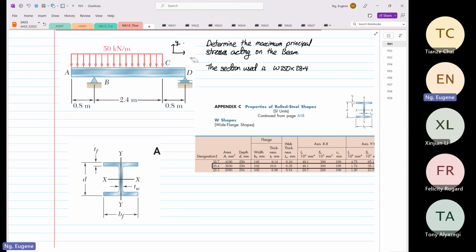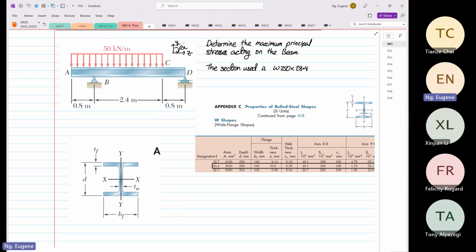And then the X will rotate this way. Rotation about X. That's how we're using the right hand rule.